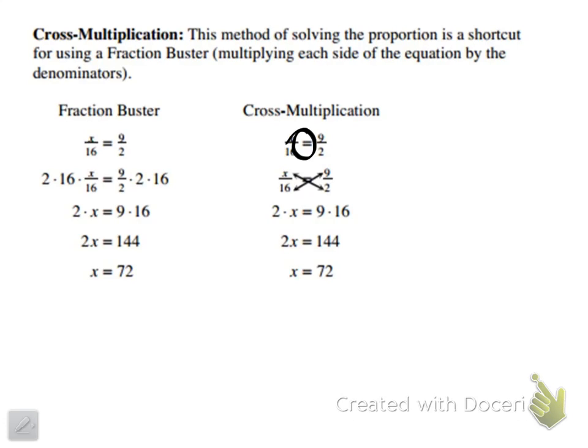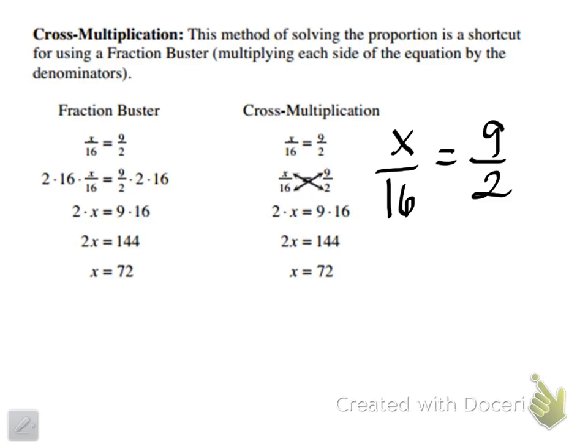You should never, ever use cross multiplication if there's not an equal sign. So we look here and we say, okay, we're going to do some cross multiplication. All that is we take our same exact ratios or fractions that are proportionate to each other because there is an equal sign.